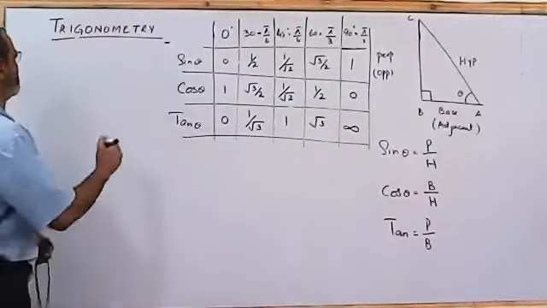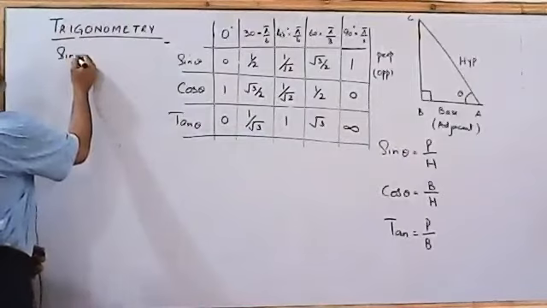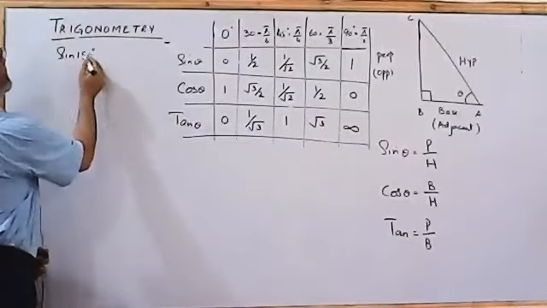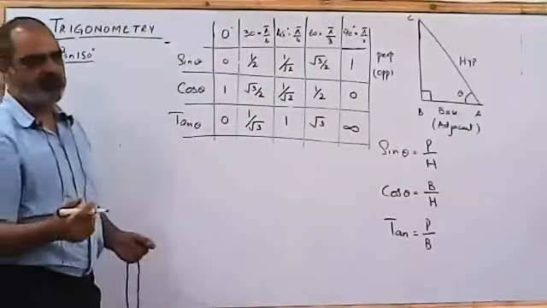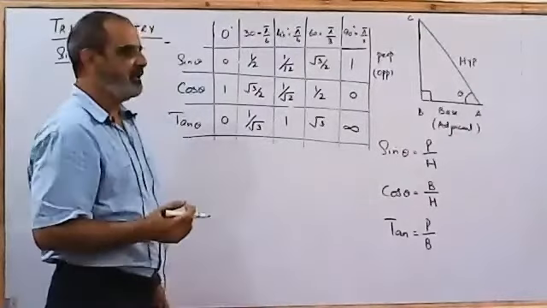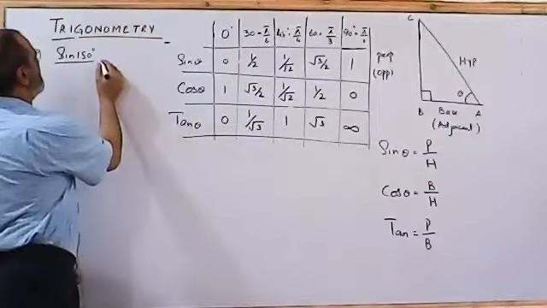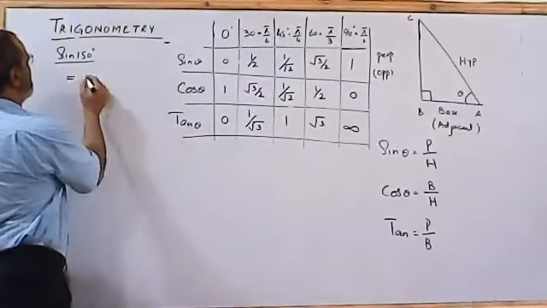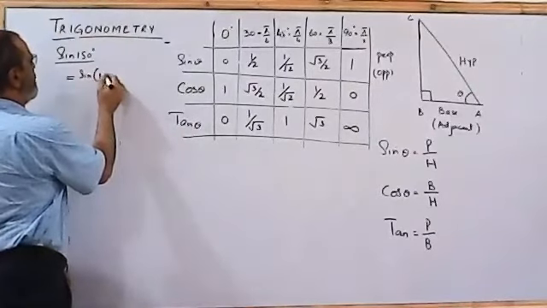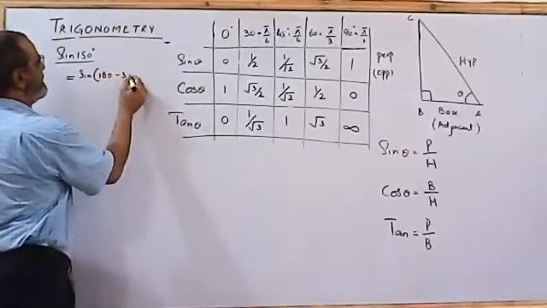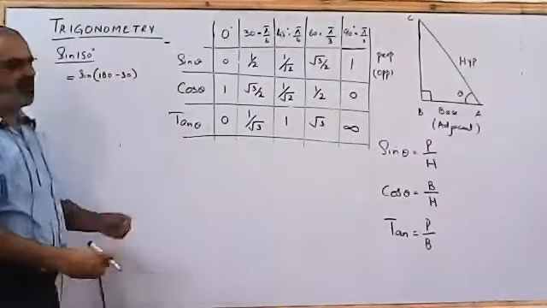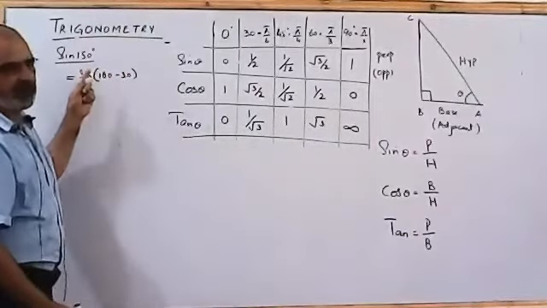If I say sine of 150 degree, I can find its value exactly. I can say it is sine 180 minus 30. If I subtract 30 from 180, I'll get 150.